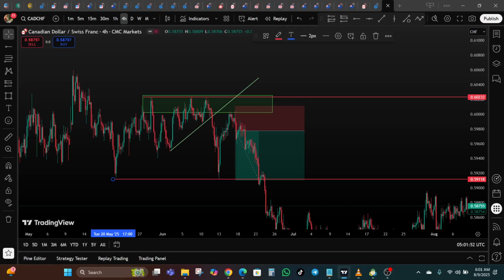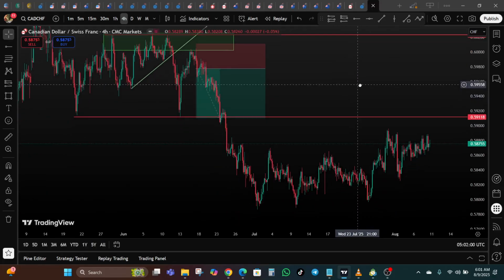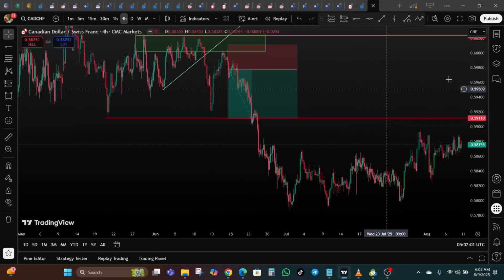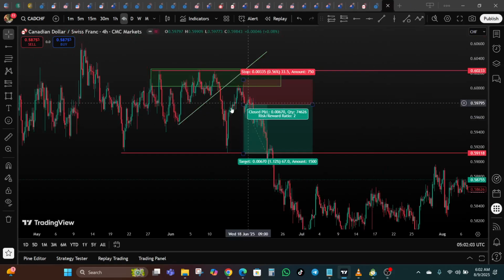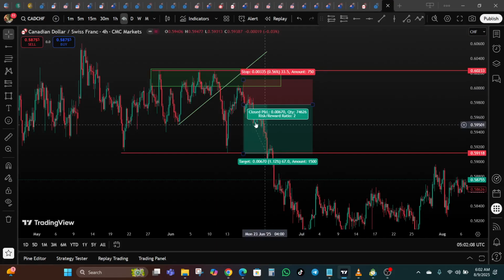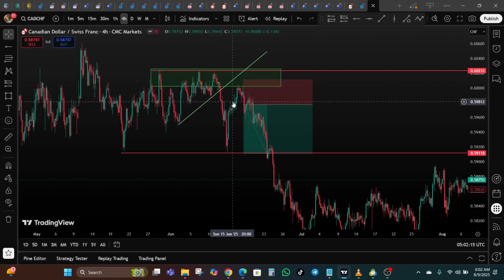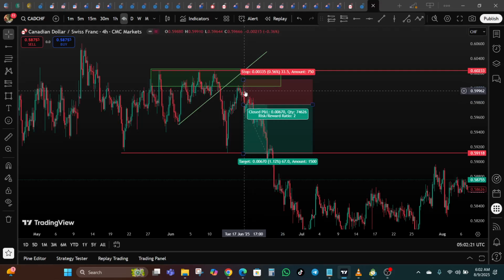Now, the final mistake, the fifth mistake, is chasing the market. This is when you see a big move and you just jump in too late out of fear of missing out. For example, now, if you are using the break and retest strategy, in as much as some traders might actually jump into the trade immediately after the breakout happens, some traders prefer to wait for a retest to confirm that that breakout is valid, a retest and then a confirmation candlestick pattern.